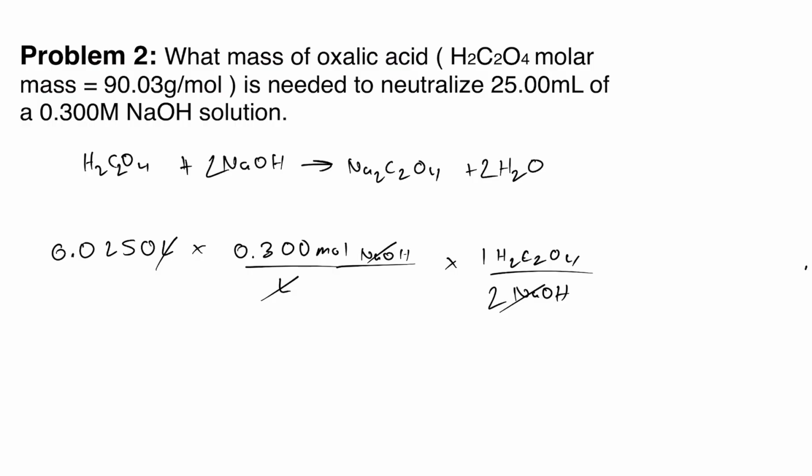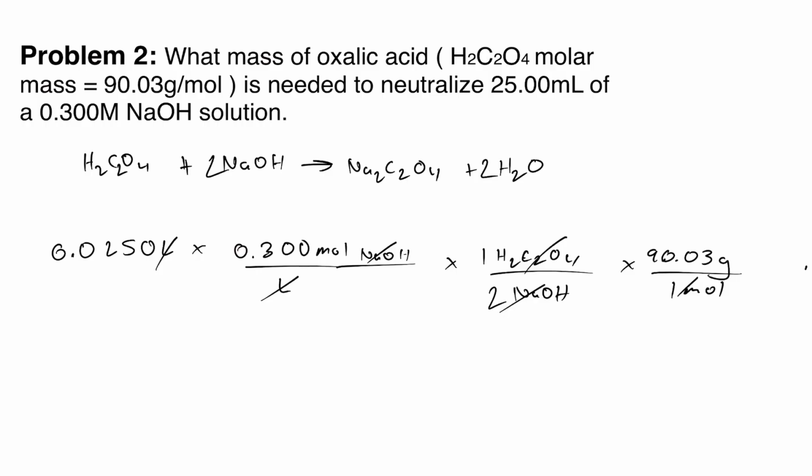to get our mass, we're going to multiply by the molar mass of H2C2O4. So it's 90.03 grams per 1 mole. So we can see here that our moles are once again going to cancel, and we're simply going to be left with grams on the top.